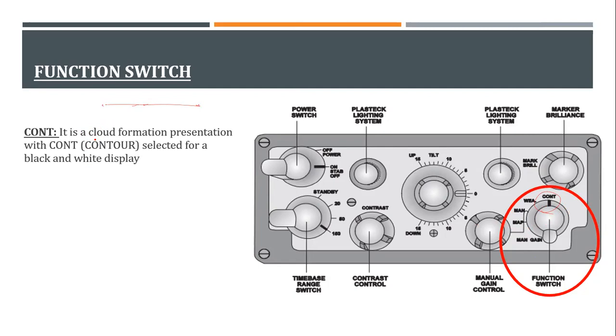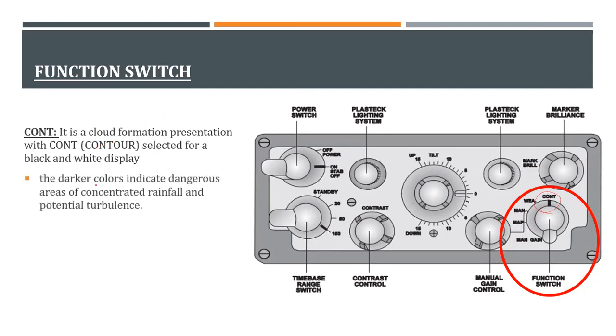So in this case, what is contour? Contour is basically a black and white picture. In a black and white display, we only get white or black. The darker colors indicate dangerous areas of concentrated rainfall and ocean turbulence. So the screen will be white, the whole screen is white.